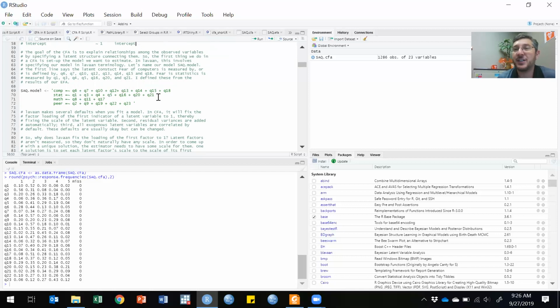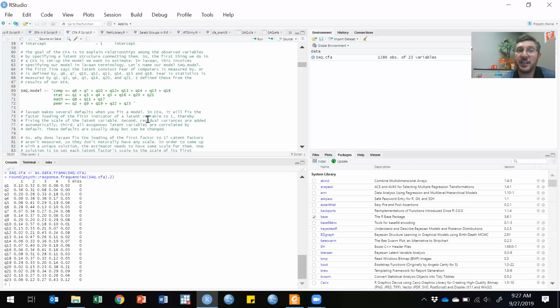One reason that the lavaan syntax is very succinct compared to other structural equation modeling programs is lavaan makes several defaults for the model. So in confirmatory factor analysis, lavaan will fix the factor loading of the first indicator of the latent variable. So here, the factor loading for question 6, question 1, question 8, and 12 will all be fixed to 1.